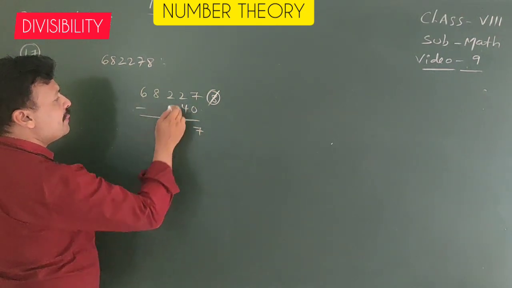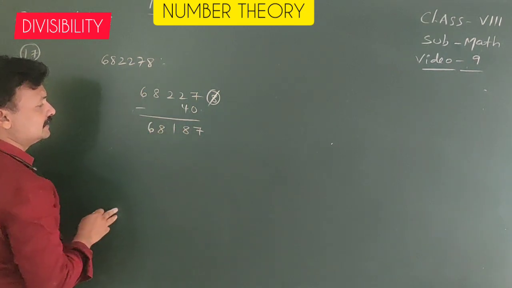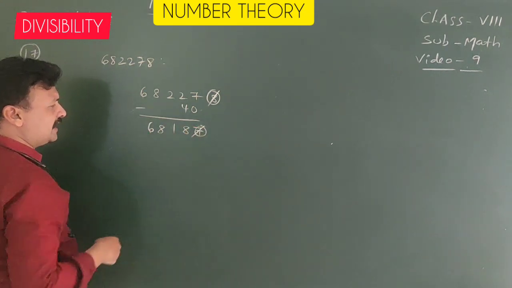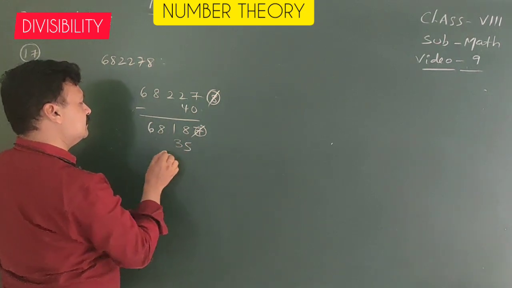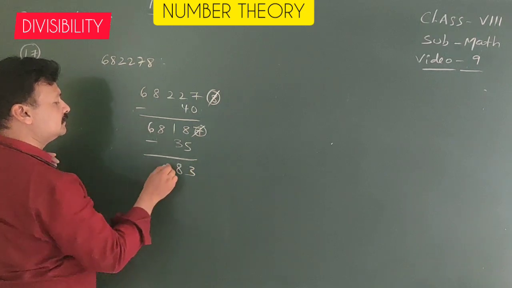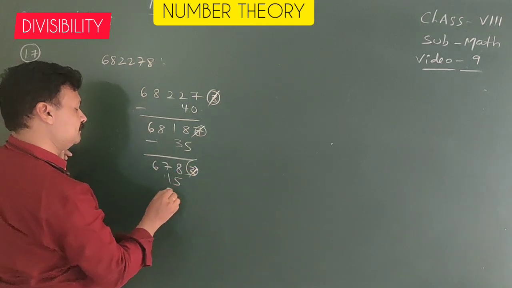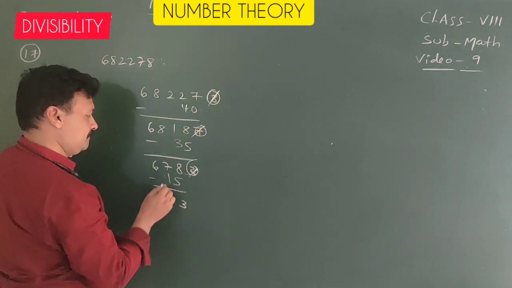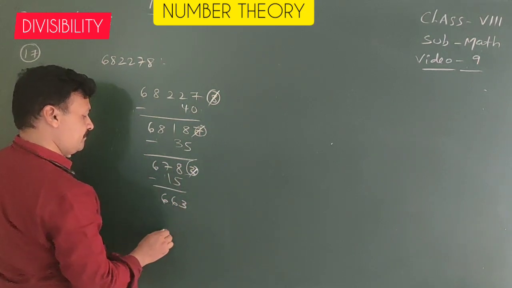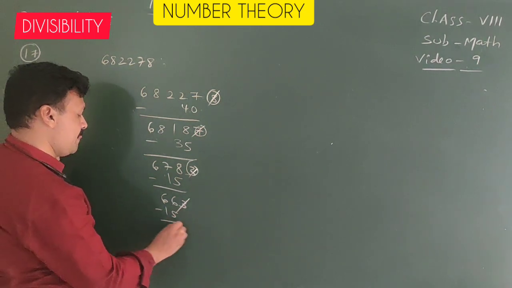Here 68221 is not it; we get 7816. Again 5 times 7 is 35. We need to subtract. Again 5 times. Again subtract 5 times, 15.